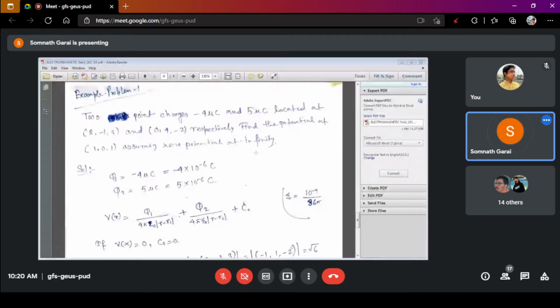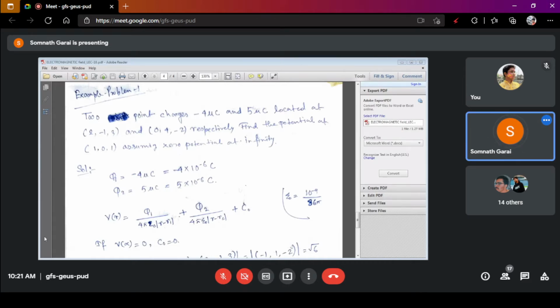One thing remember, when you calculate the electric potential, you have to move a point charge q from the infinite point to that point with respect to this reference point, and then we calculate the total electric potential generated due to the movement of this point charge.